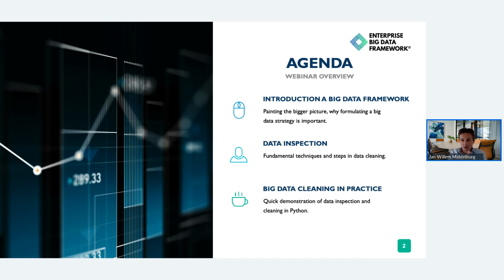And then in the second part, I'm going to be discussing the main theory behind data inspection and data cleaning. I'm going to be showcasing where the theory comes from. And the most important approach, what I've learned over the years, is that in order to do data cleaning and inspection well, it's always good to find a methodological way.